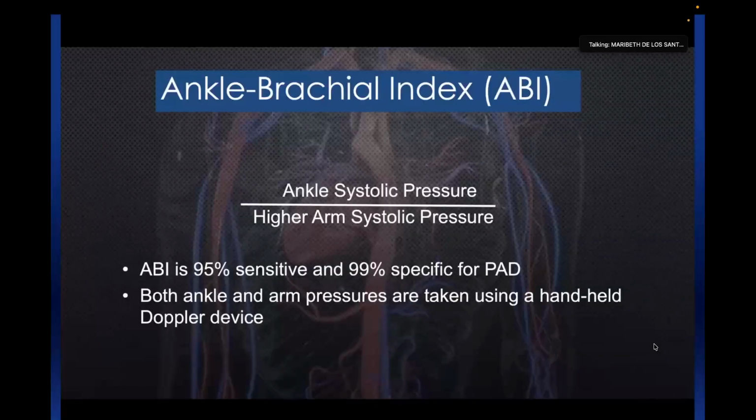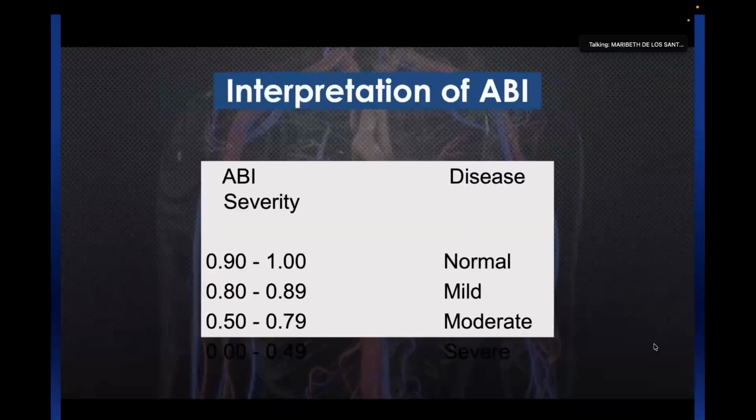The ABI is 95% sensitive and 99% specific for PAD. Both ankle and arm pressures are taken using a handheld Doppler device.